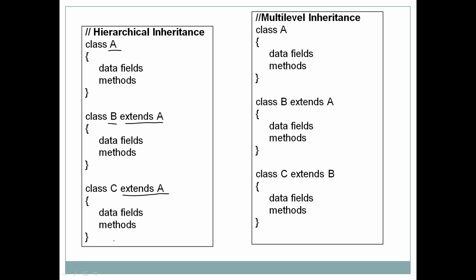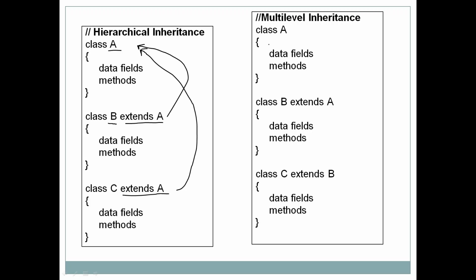You may have some more subclasses. Here you can have a class D which is again inheriting class A. So class B is inheriting A, and even class C is inheriting class A, and you may have D also inheriting class A, then it is hierarchical inheritance.